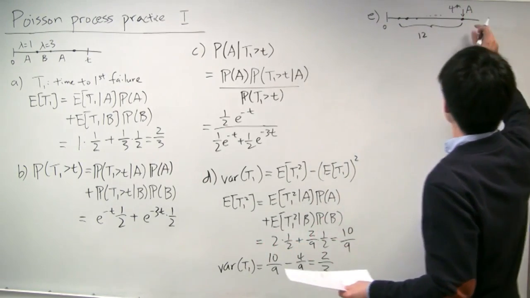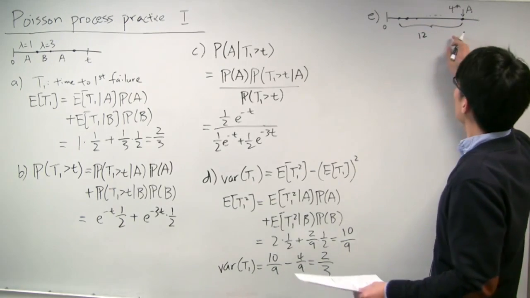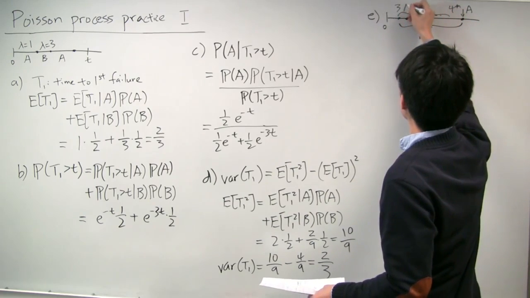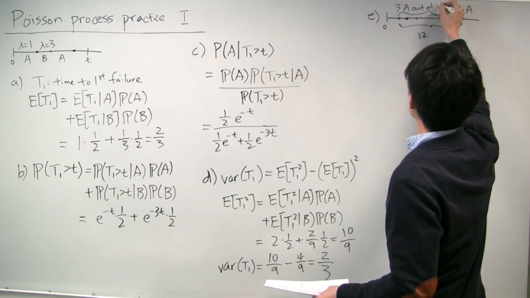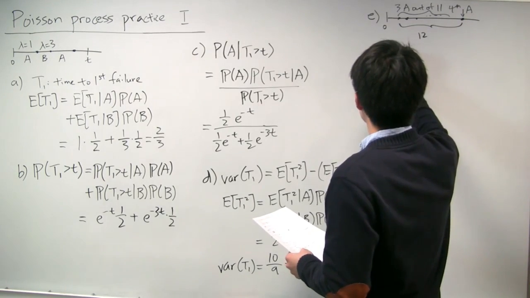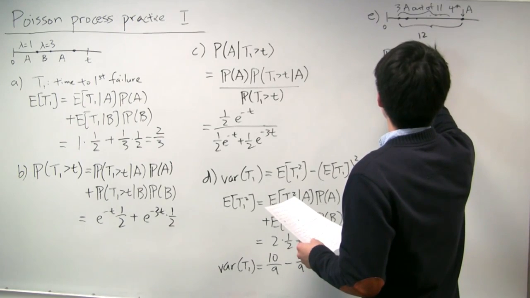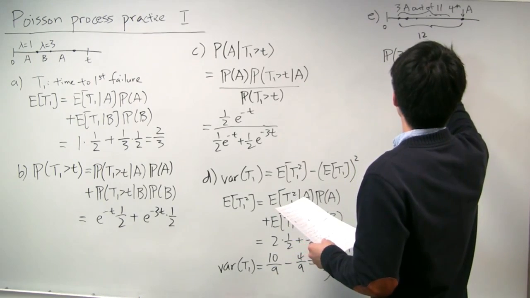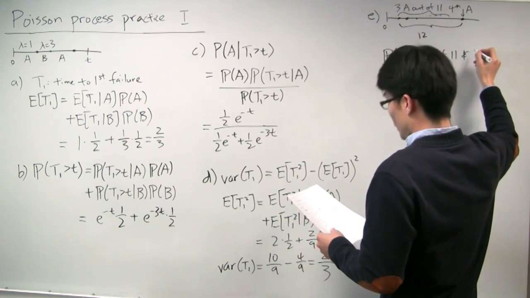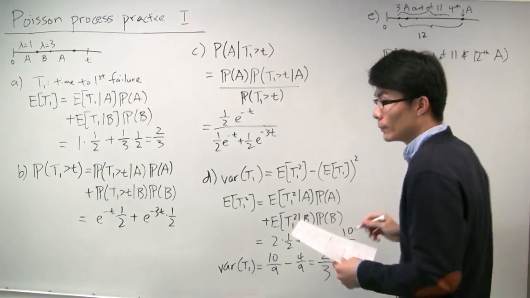Now, if that is the 4th type A failure, what does that mean for the previous 11 failures before that? That means out of the previous 11, there were 3 A failures. So the probability that we need to find is exactly equal to the probability that we have 3 A failures out of the first 11, and the 12th failure was also type A.